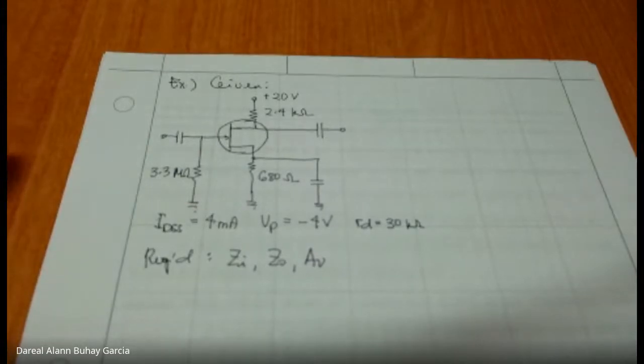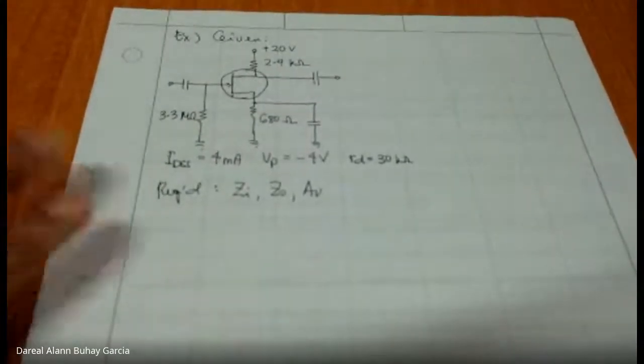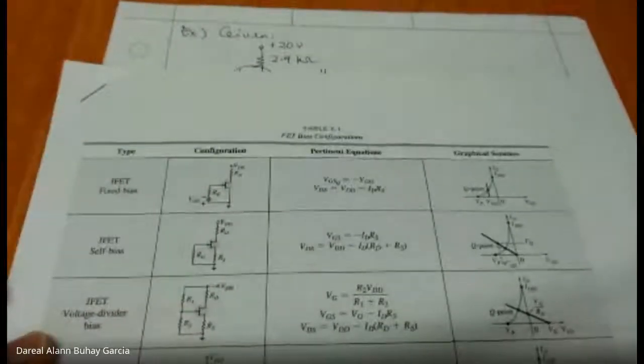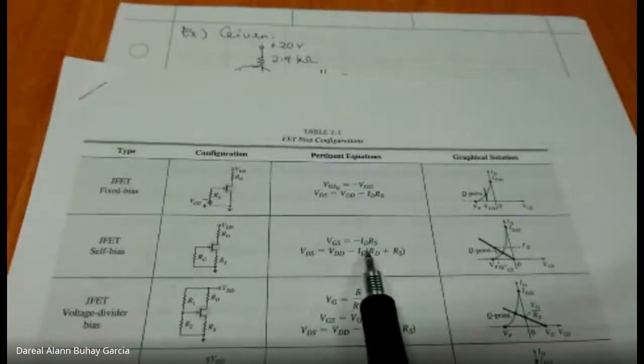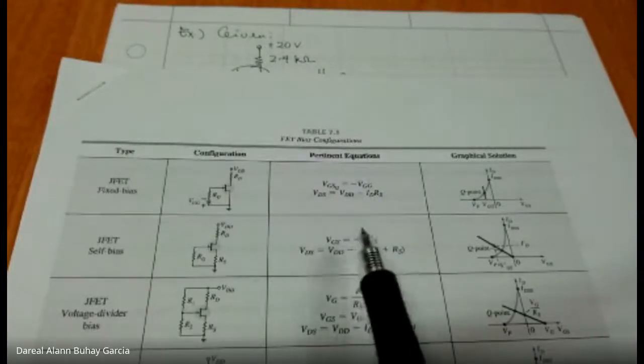Mag-DC punta, no? Negative IDRS. Amo to ID. So, isolve po sa ID.